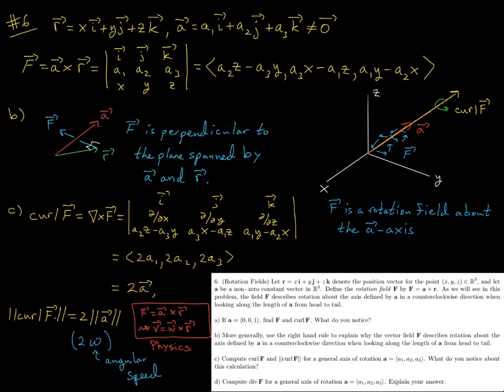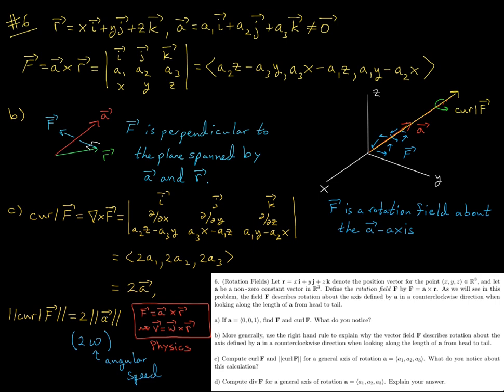Okay, so as I also said, right, the magnitude of the curl is twice the angular speed of the vector field F as it rotates around this axis. And for those of you that have seen something like this in physics, when I write F is equal to A cross R, right, if I think about F as describing a velocity field, you could write this as V equals omega cross R, where V here is the linear velocity of, say, your particle that's rotating around this axis, and omega is what we call the angular velocity vector, okay?